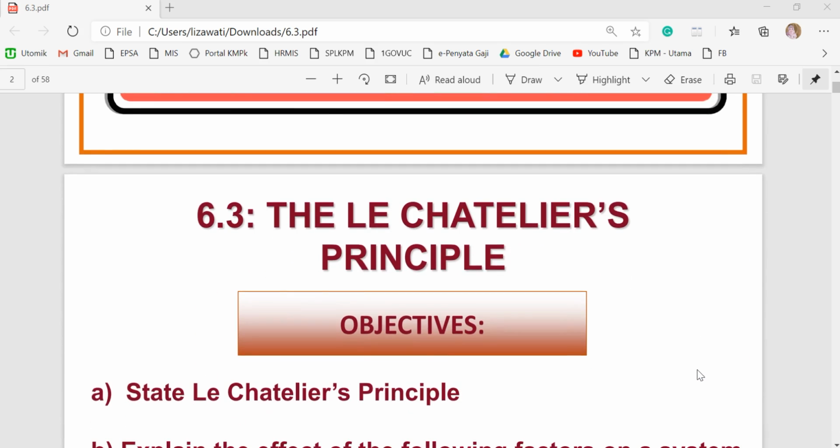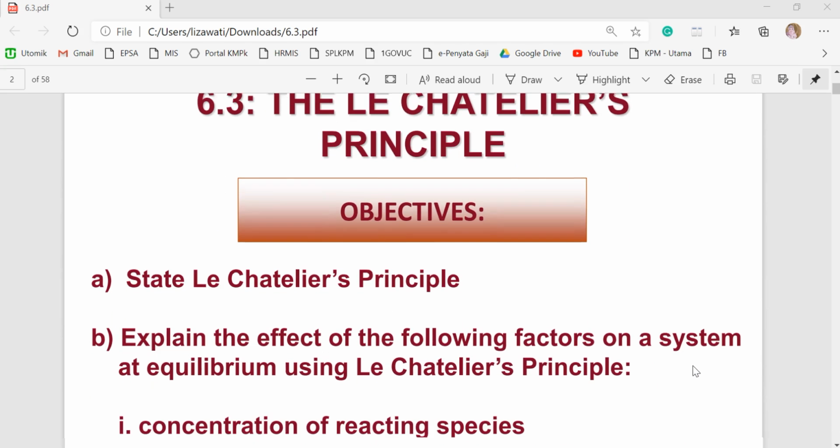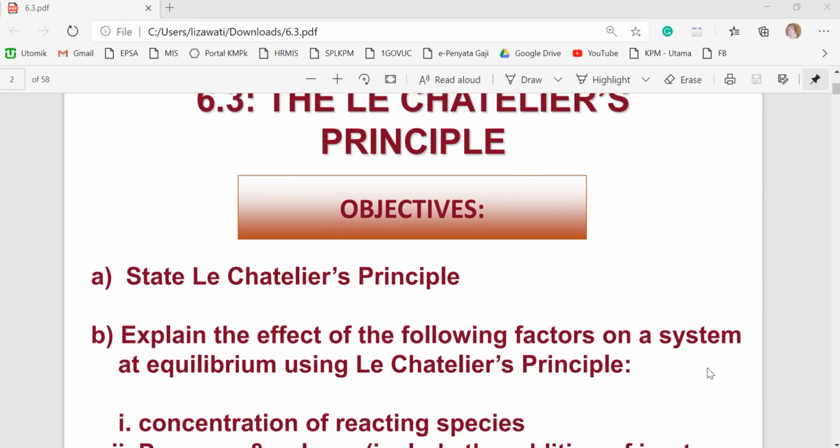Today we will discuss chapter 6.3, Le Chatelier's principle. These are the things that you should be able to know. First, state Le Chatelier's principle, which refers to the definition.